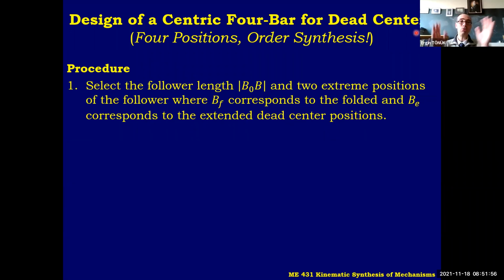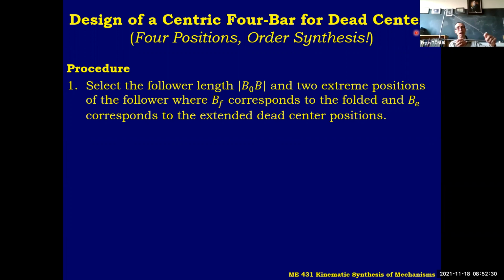We have 2 positions, which are the 2 ends at the dead centers, but those positions are actually, each one is 2 infinitesimally separated positions, which is order synthesis. And actually I have my 4-bar for 301, which is a crank rocker. And as you see, this rocker stops at this end, okay?